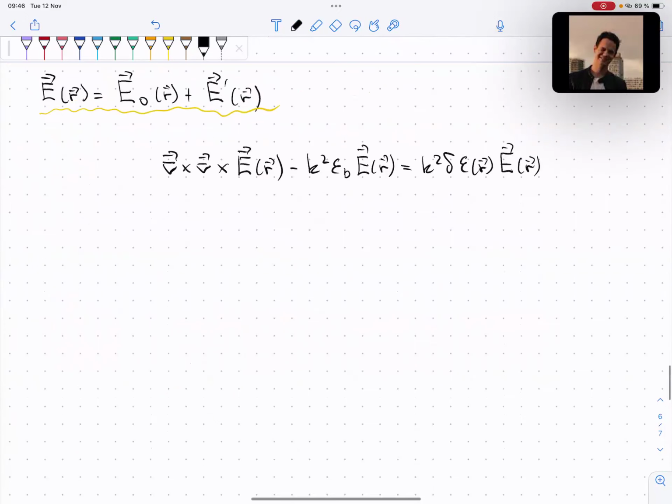And we can use, for example, the Green function to solve this equation. In this case, the solution of this equation will be something like this.